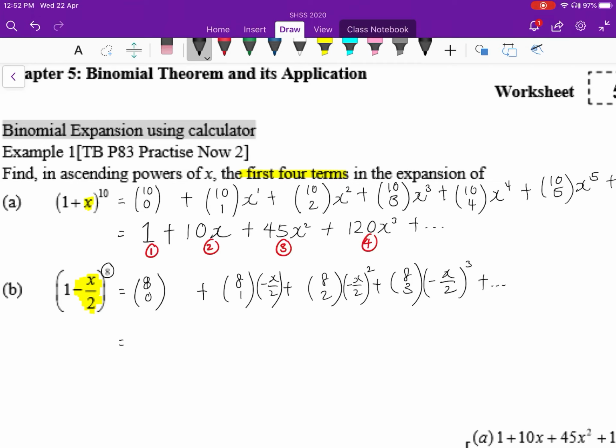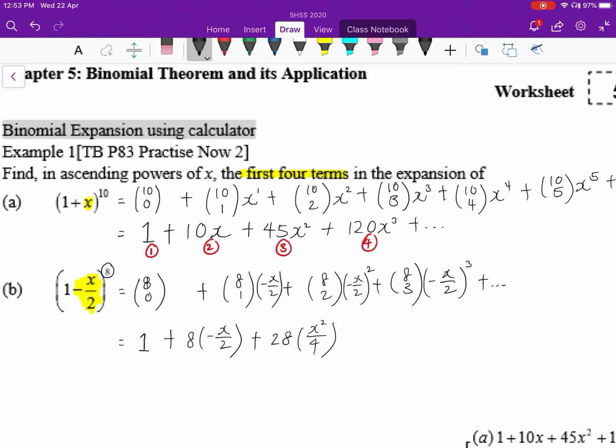Alright, if you press your calculator, 8C0, you get 1. Plus, if you press 8C1, it is 8, but it's 8 multiplied by negative x over 2. Plus, if you press 8C2, you'll get 28, and negative x over 2 squared is x squared over 4, because the negative will disappear because of the square.